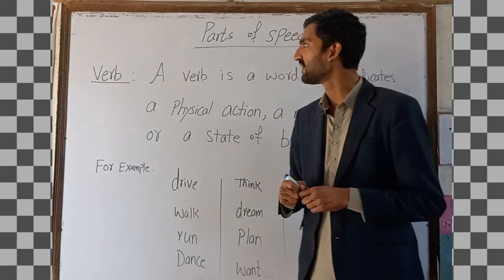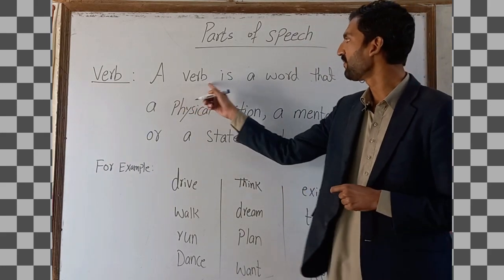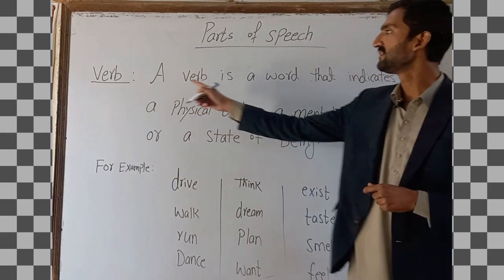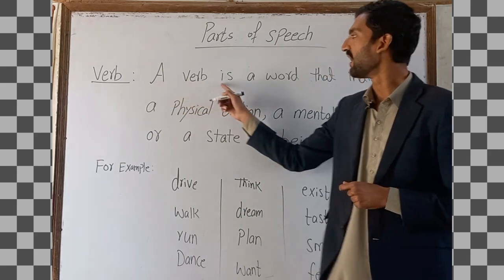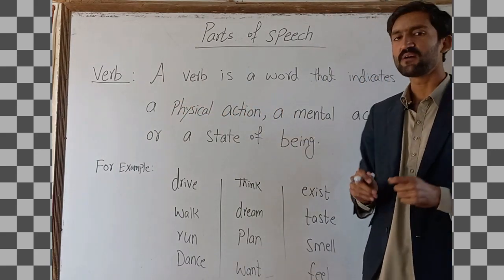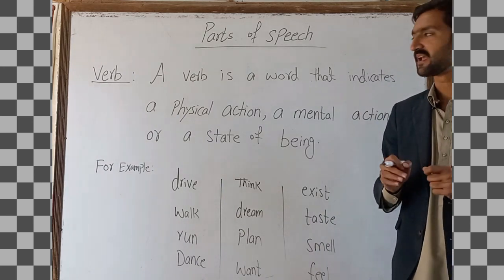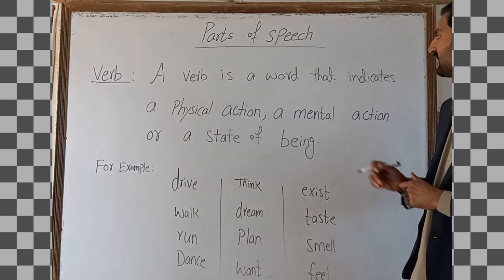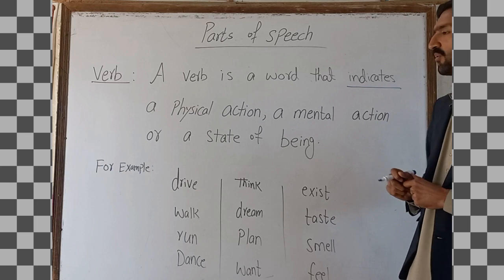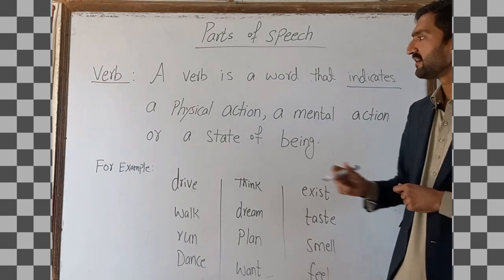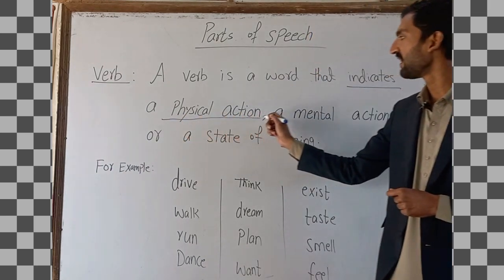As we see in the definition, a verb is a word that has a certain function which it performs in sentence writing. The first thing it indicates is a physical action.